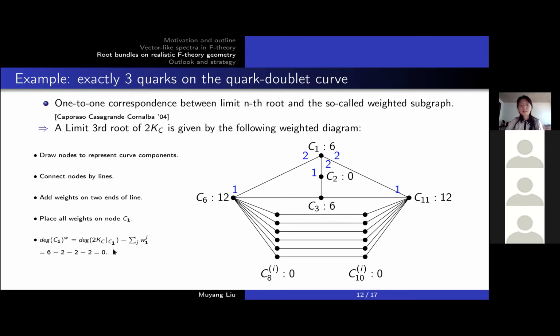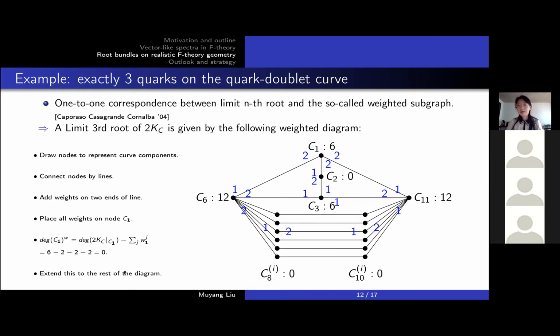And that obeys the second rule of the weighted diagrams. Namely, the degree on the weighted diagram is congruent to the original degree mod 3. So 6 mod 3 is 0, and 0 mod 3 is also 0. So the 2 rules of the weighted diagrams are both obeyed.